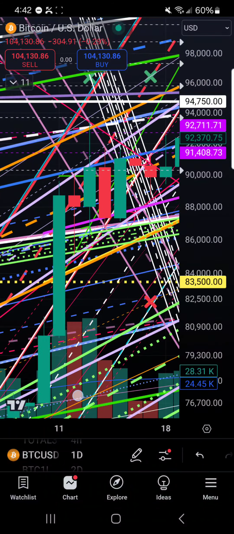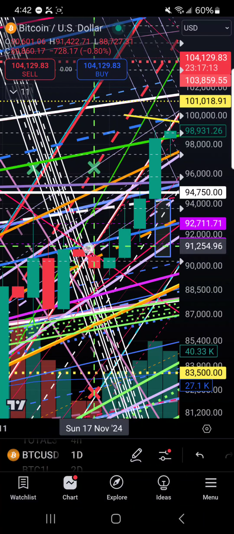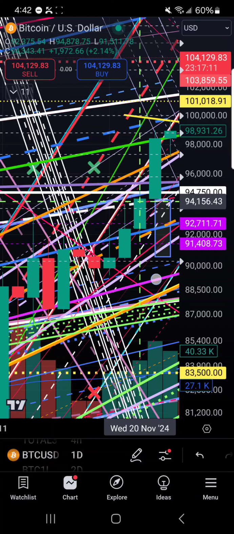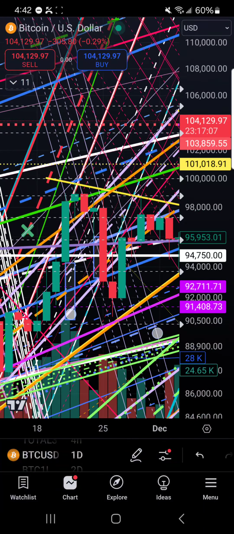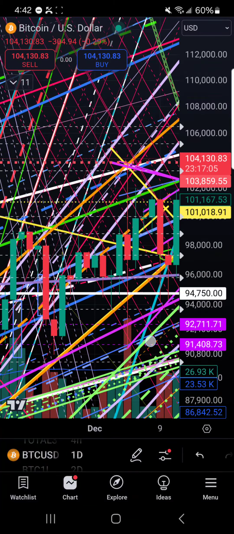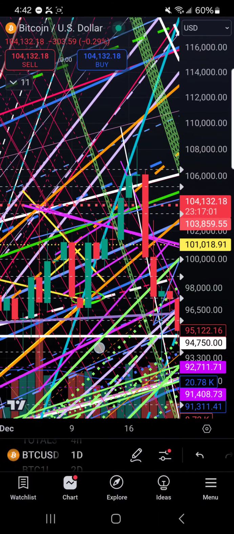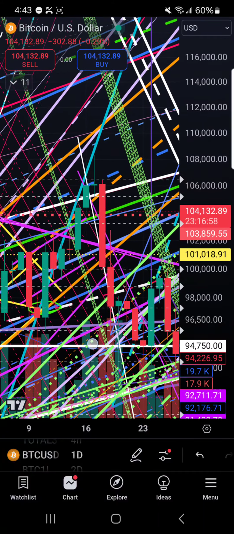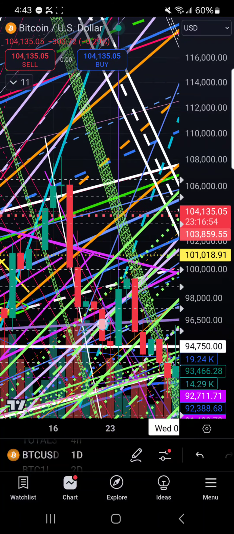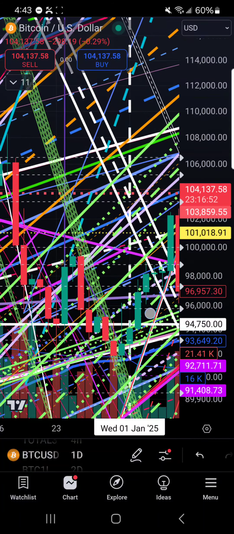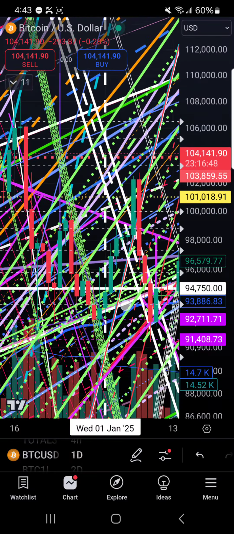Now, where's our blue line that was acting? Here it is. It was acting as resistance here, and then we broke through and continued our, well, not really. We consolidated right along the top of that trend line. And our recent dump down, no, actually, it's an extended dump.